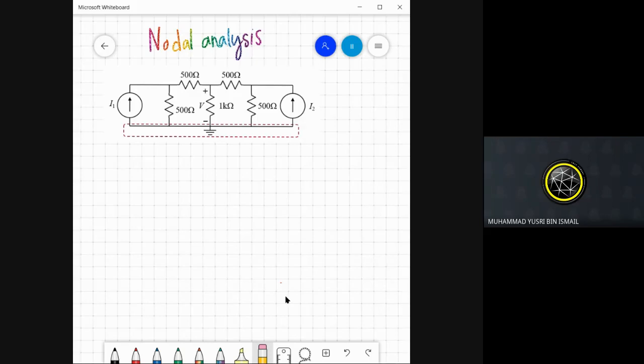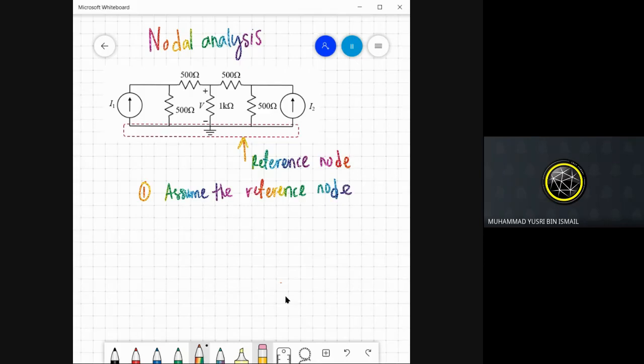If you have this kind of circuit, first you need to determine the ground or the reference node. In this case, this is the reference node. First, assume the reference node.